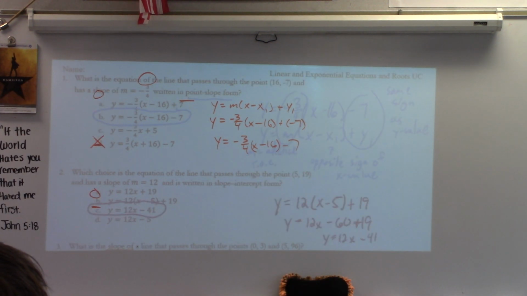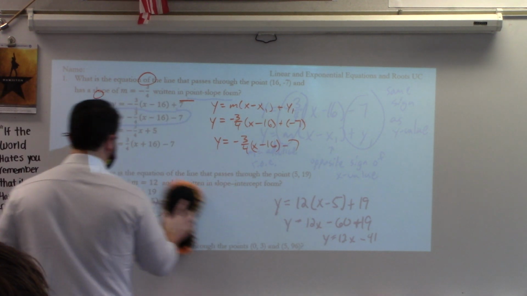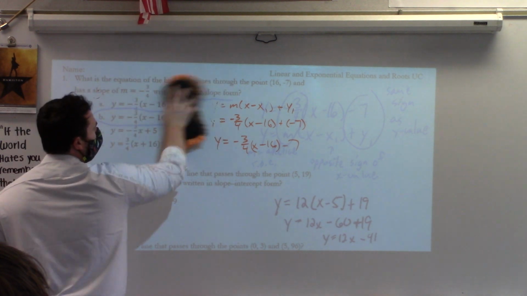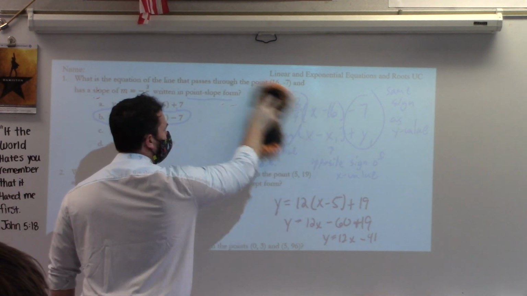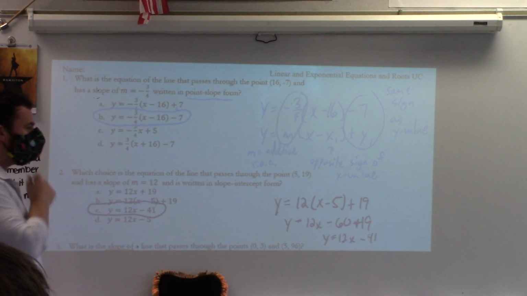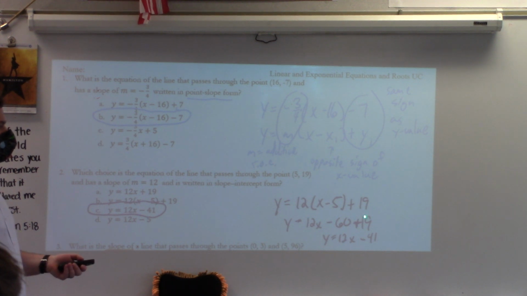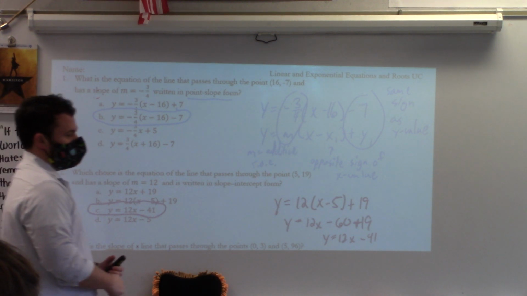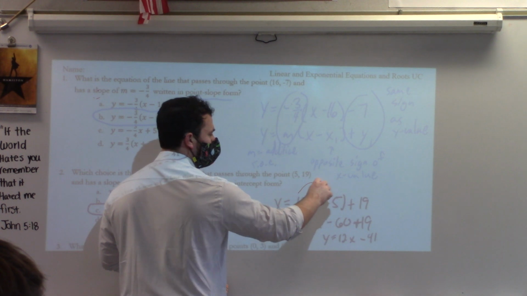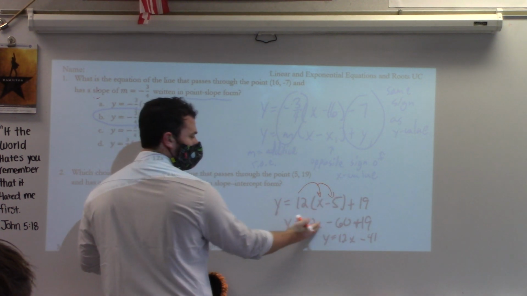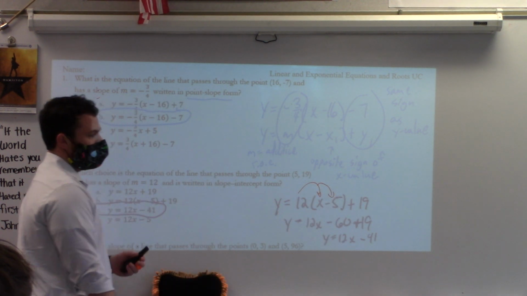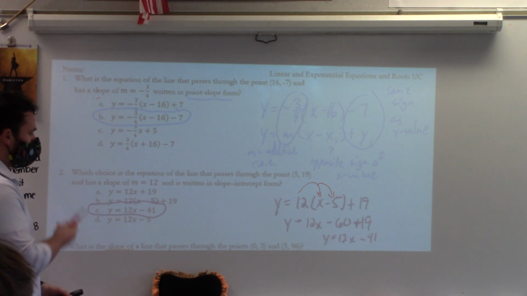So what you could have done is exactly what you started with, Mona. Start with that point slope form. But you have to recognize that that is not slope intercept, so I just have to simplify it. If you distribute, you get 12x minus 60. And then -60 plus 19 is -41.